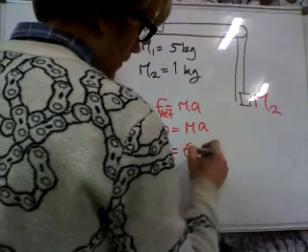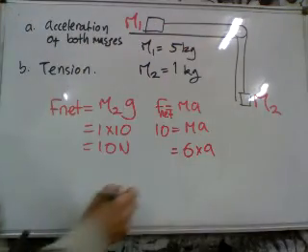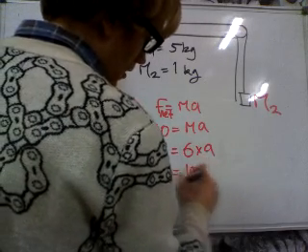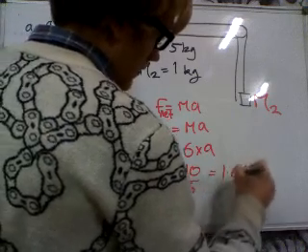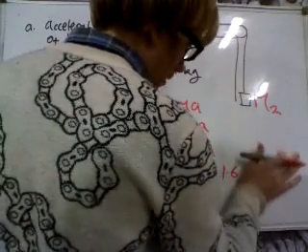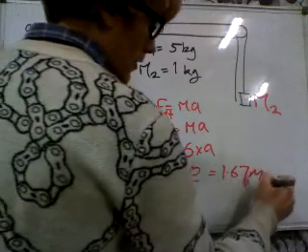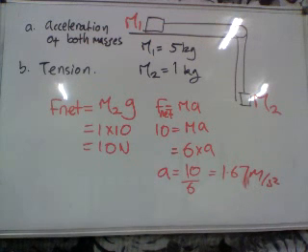Equals 6 times a. 5 plus 1 is 6. So acceleration, just simply rearranging, equals 10 over 6 equals 1.66 if you calculate that in your calculator. Actually 1.67, I should round that up correctly. Meters per second squared.